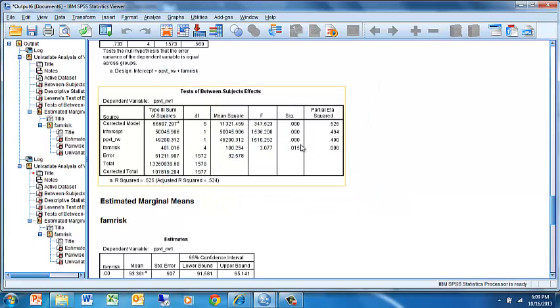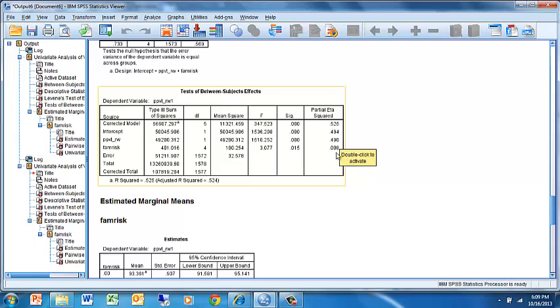That tells us that the covariate had an important relationship to the dependent variable. We see that we're explaining roughly 52.5% of the variance in the dependent variable of Rasch-Wright PPVT scores for first graders based on family risk and also the kindergarten Rasch-Wright PPVT scores. We look at the eta squares and they give us similar information.